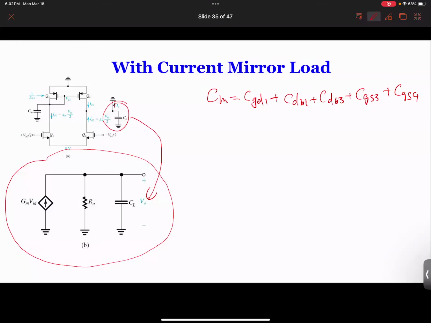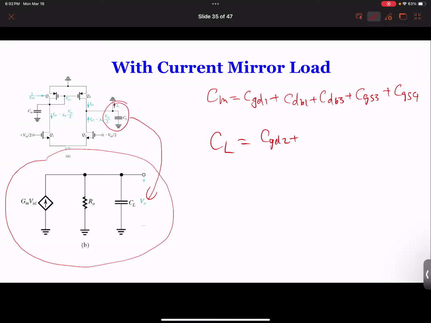So this apparently is the capacitance of mostly Q3, like CDB3, CGS3, and CGS4 is that one. And then this part, CGD1, is this one here. So they get all this capacitance into CM.